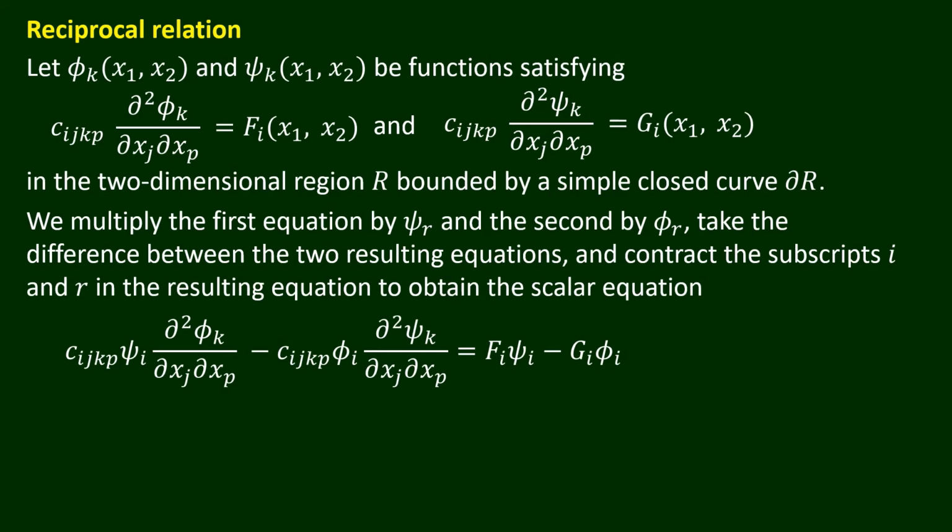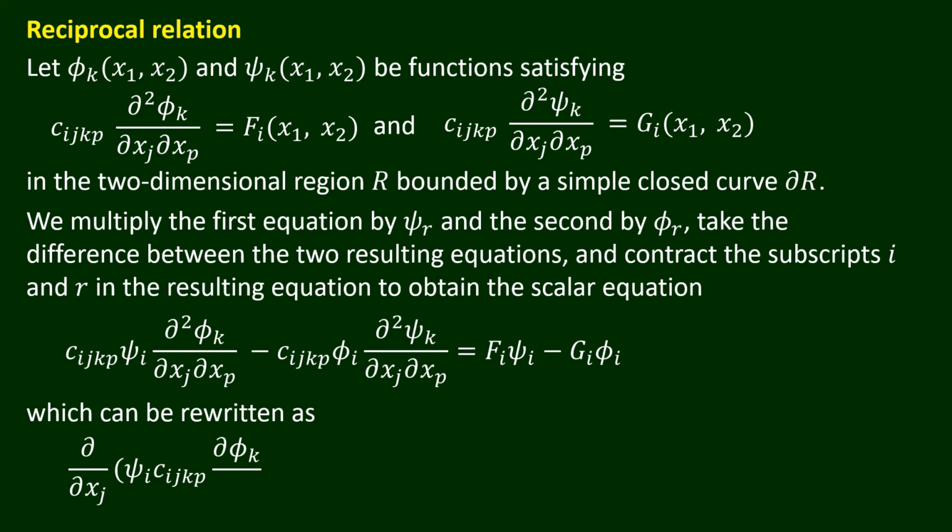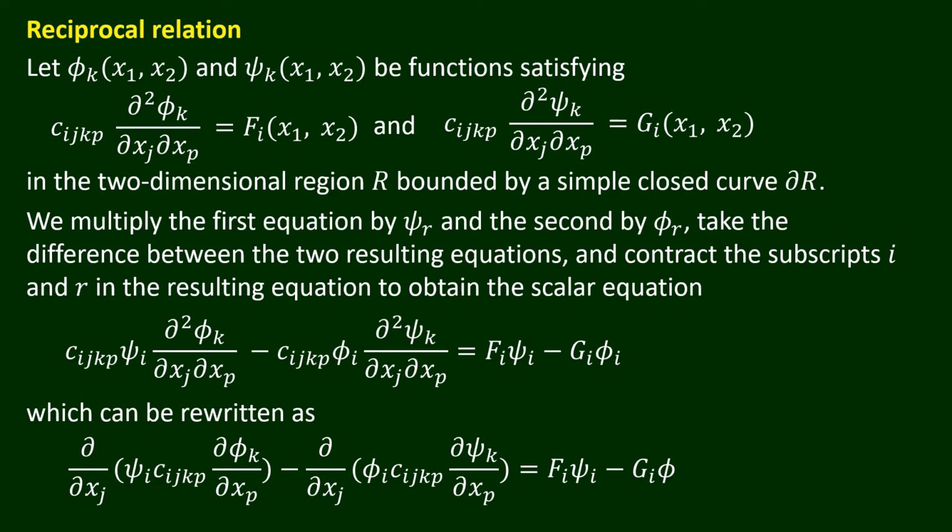Which can be rewritten as del over del xj, psi i C ijkp del phi k over del xp, minus del over del xj, phi i C ijkp del psi k over del xp equals fi psi i minus gi phi i.